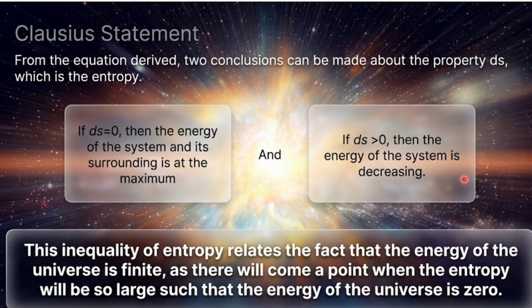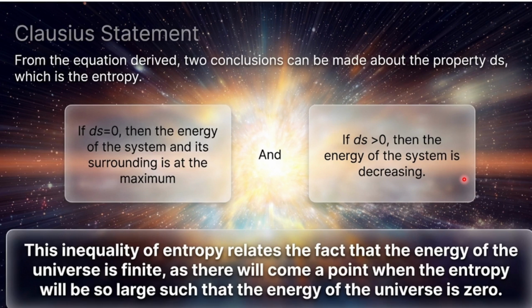This inequality of entropy can be related to the fact that the universe is finite. One day, maybe you might still be alive, maybe you might not be, maybe in a million years, no one knows, but the universe will end up dying. Let's go to the Big Bang, for example.